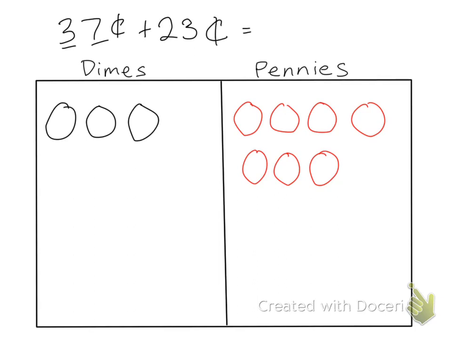So I need to add 2 more dimes and 3 pennies. 1, 2 dimes, and 3 pennies: 1, 2, 3. So what do I have?